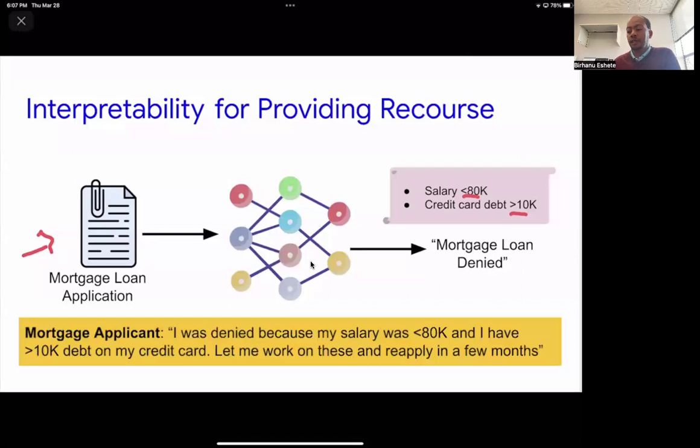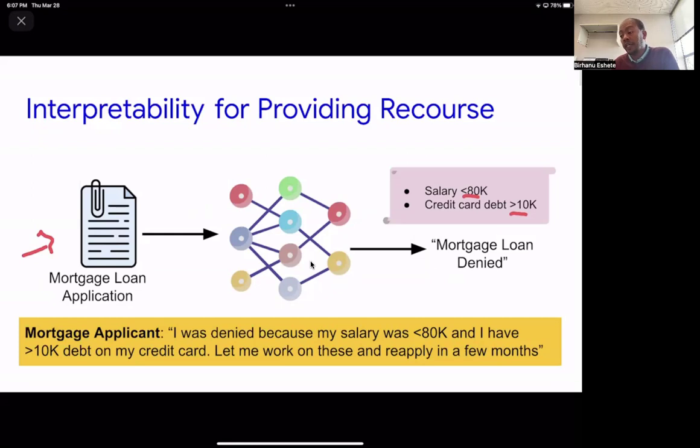So in this case, if this explanation is provided, the mortgage applicant would have a recourse, right? They might say, okay, I was denied because my salary was below 80K and I have a fairly large debt. Therefore, I could go and work hard to raise my salary and also maybe reduce my credit card debt and eventually qualify for getting this mortgage loan, right?